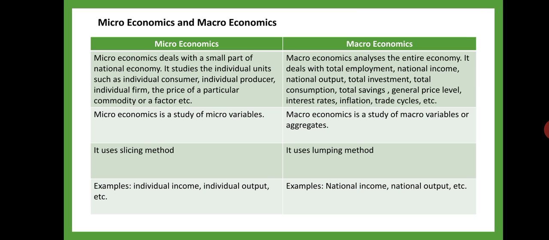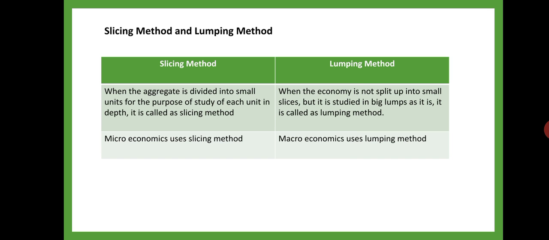You don't study everything as a whole. And macroeconomics uses the lumping method. Lumping means studying in a group, a big group. Examples of microeconomics are individual income, individual output, etc. And of macro are national income, national output, etc. Okay, so this was about microeconomics and macroeconomics.